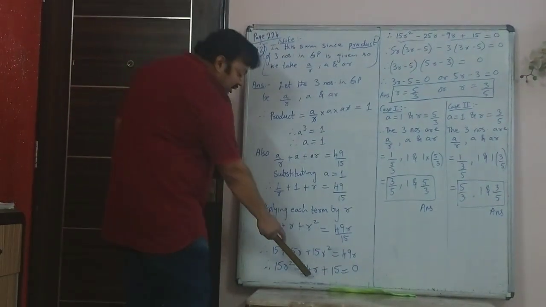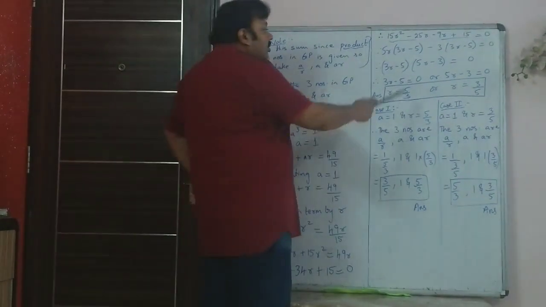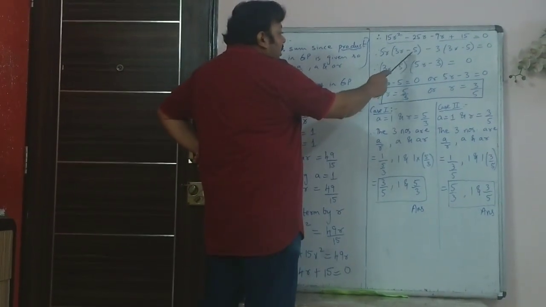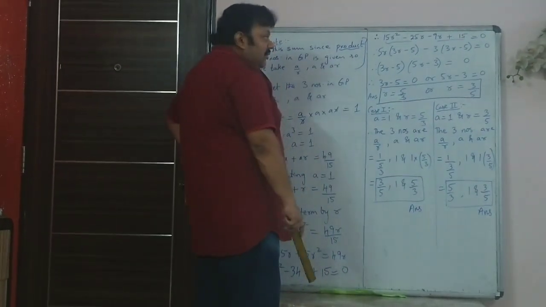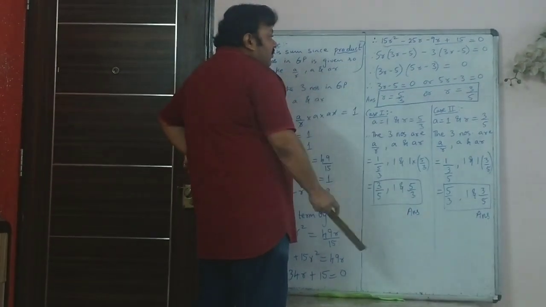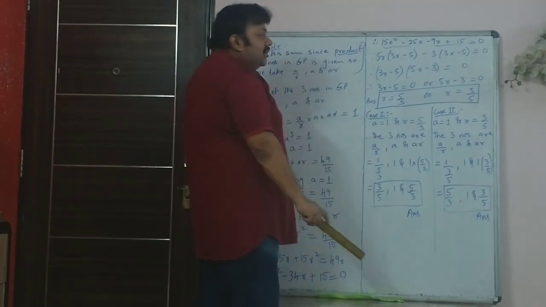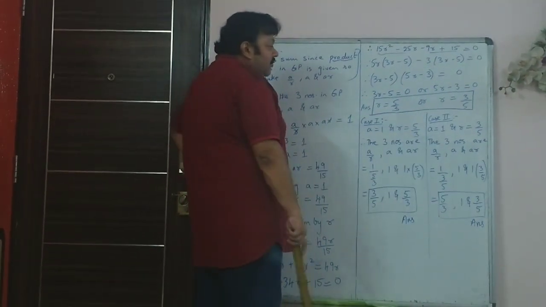So we have factorized by splitting the middle term minus 34r. So 5r(3r minus 5) minus 3(3r minus 5) is equal to 0. So (3r minus 5)(5r minus 3) is 0. So r is 5 by 3 or r is 3 by 5.